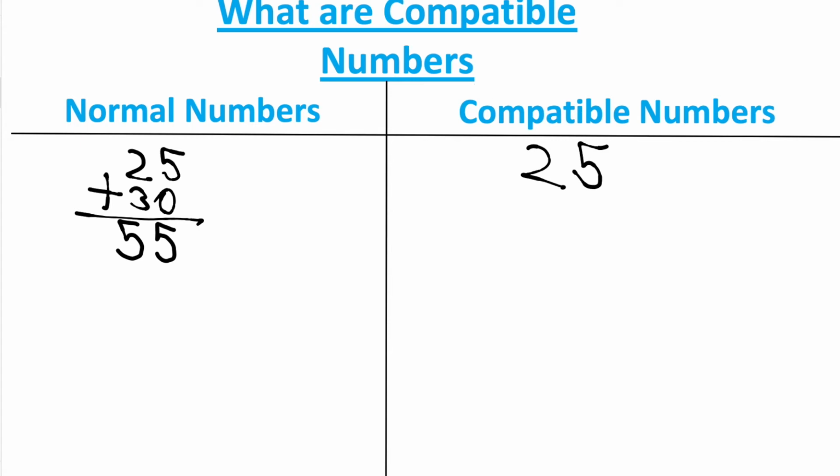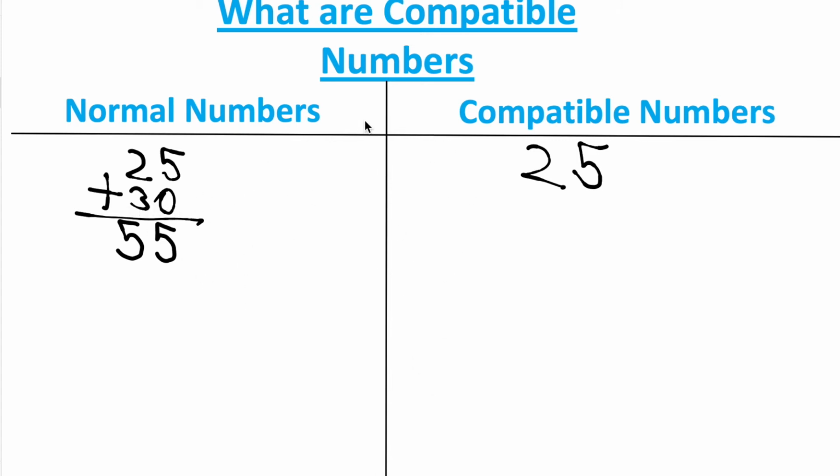I know what you think. Why don't we just put maybe 20? Well, it's because, remember what I told you, compatible numbers have a 5 or 0 at the end of them.